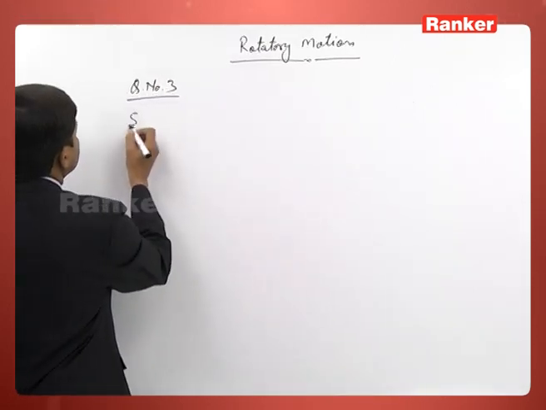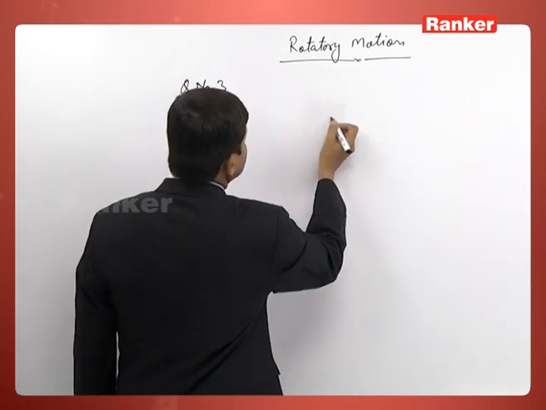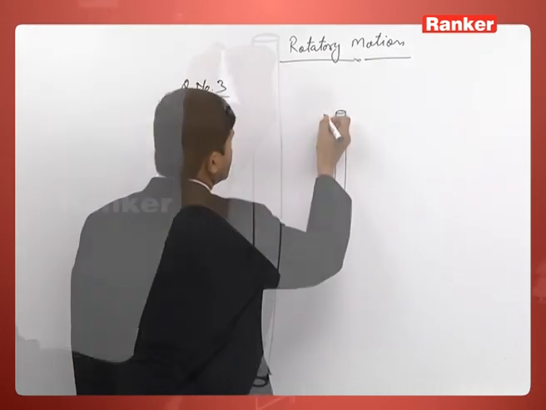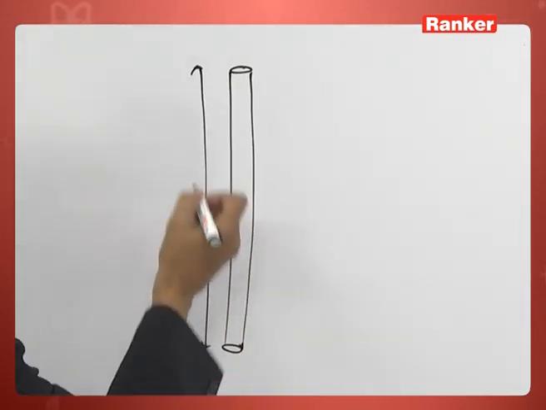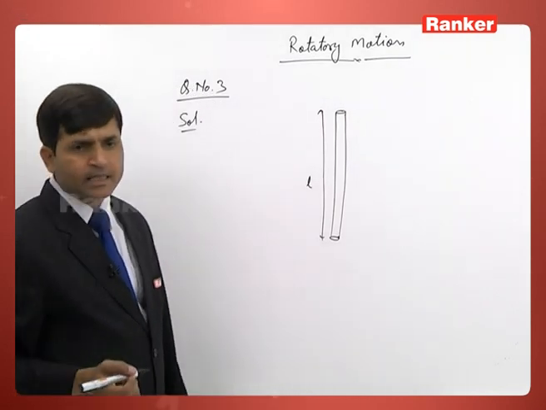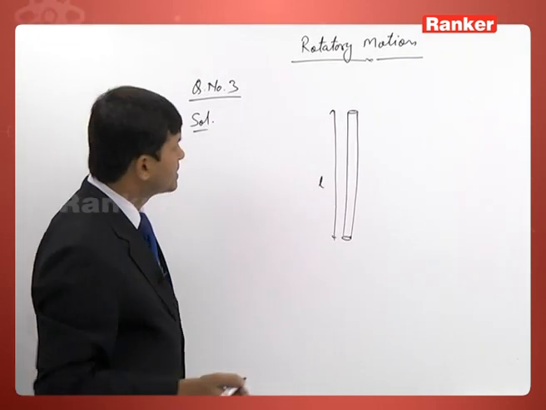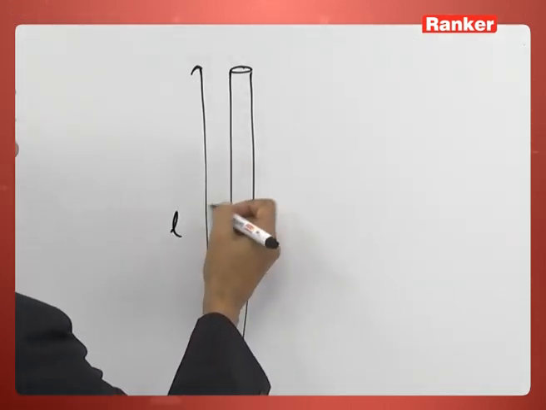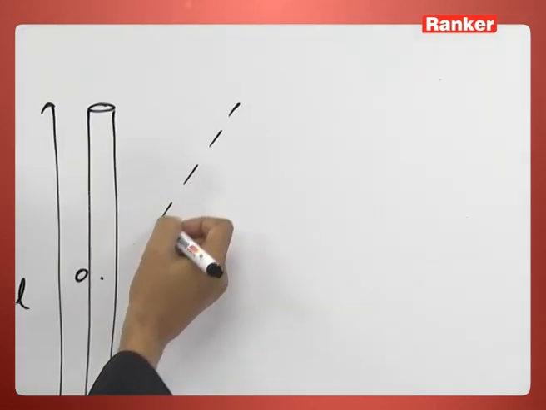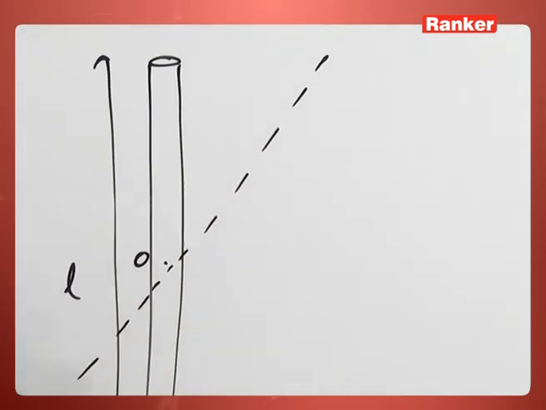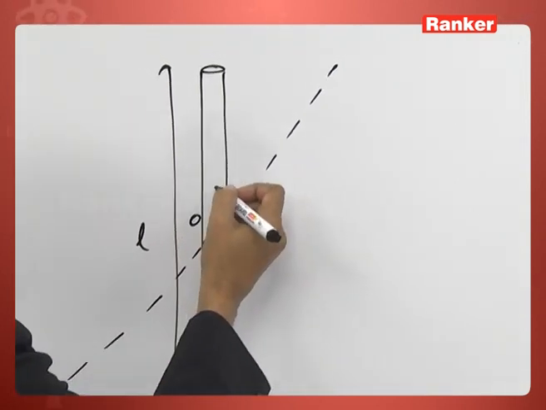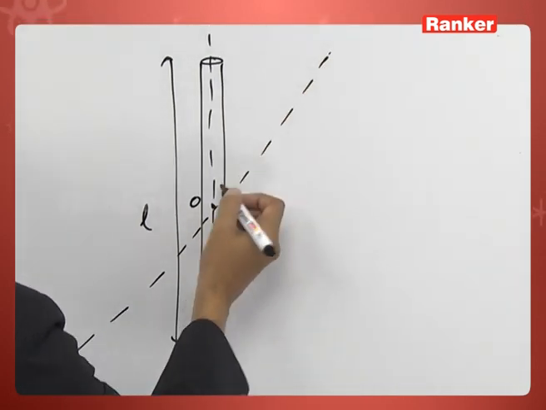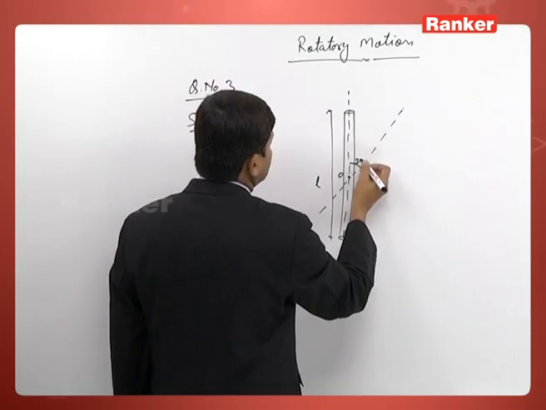As per the question here, let this be the rod, and this rod has total length L. Now they are talking about the axis. The axis makes an angle of 30 degrees with the rod and passes through the center of the rod. This is the center of the rod, O, and the axis is like this, and this axis makes an angle of 30 degrees with the rod.